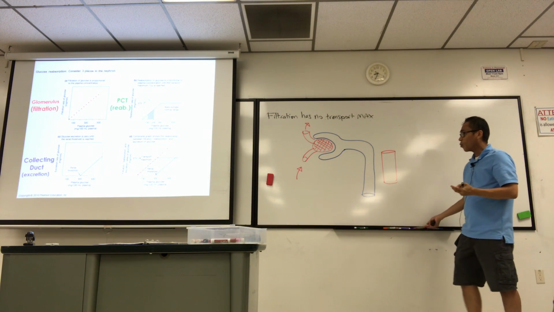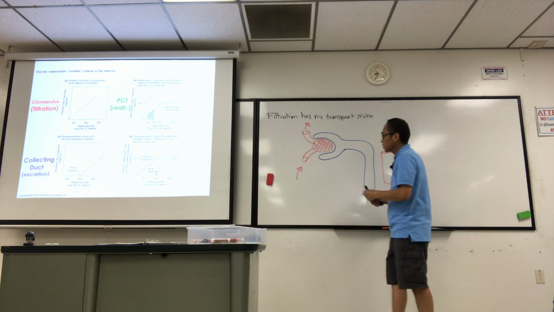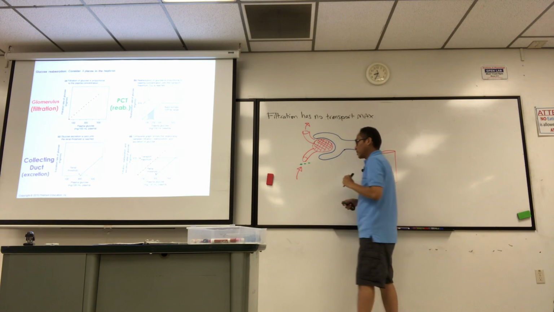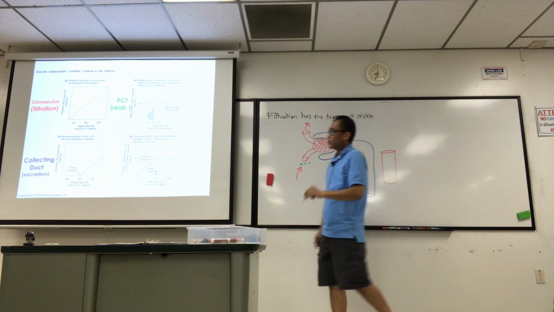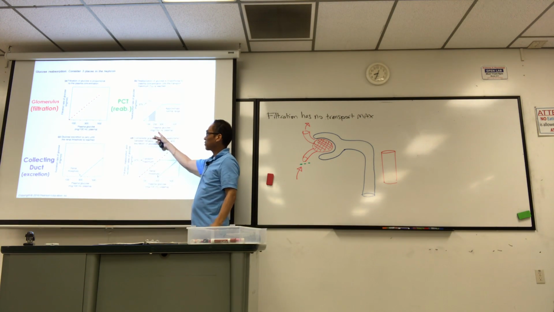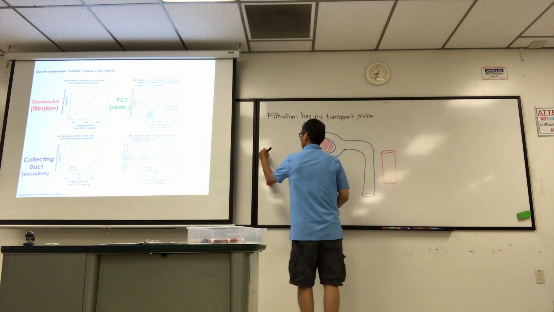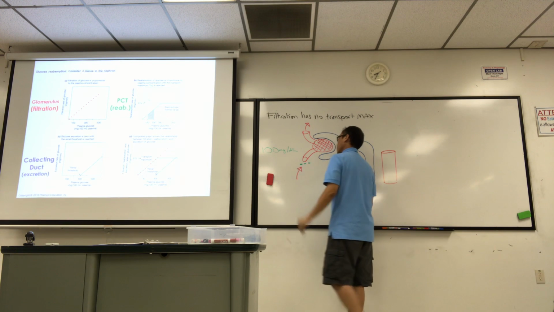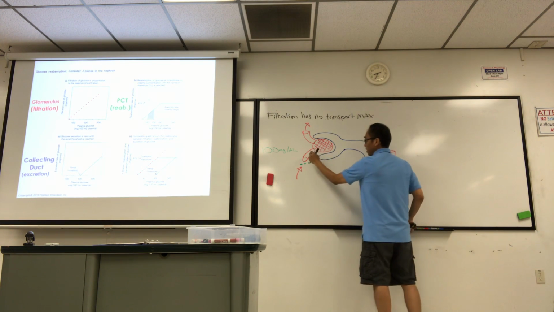And let's say you have a normal level of glucose. Let's say these three green dots represent a low value like, I don't know, 100 mg per deciliter. And they all get filtered.